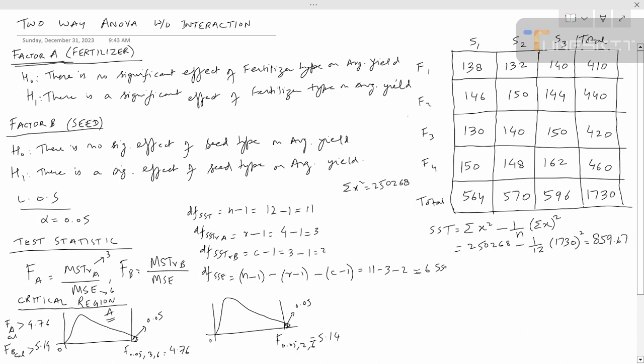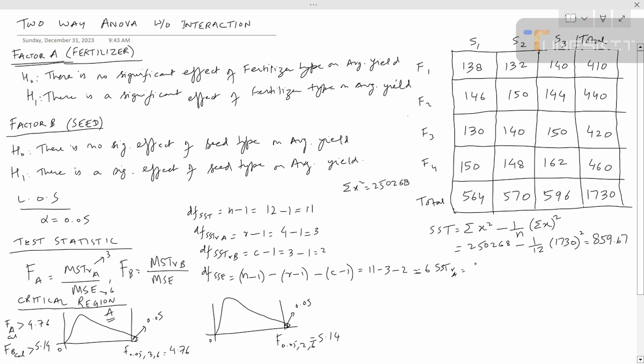Now we go for SSTR of factor A. For SSTR of factor A, we need to focus on the row totals, that is 410, 440, 420, 460, that captures the total productivity on the basis of 4 fertilizers.